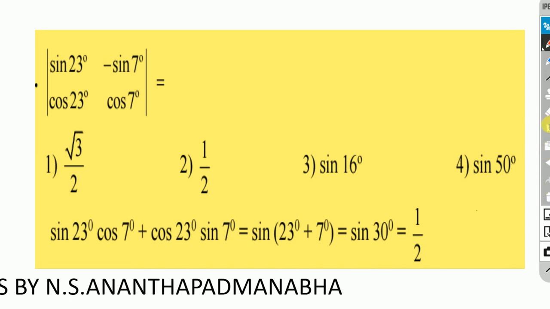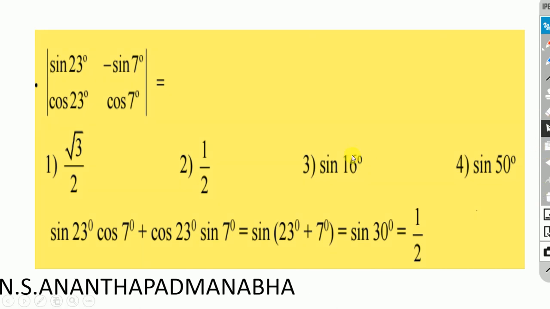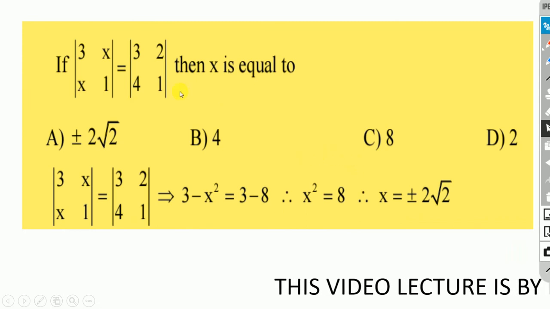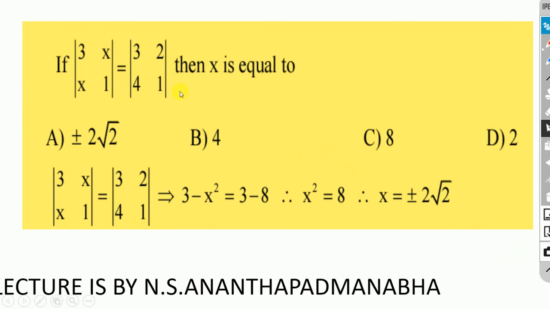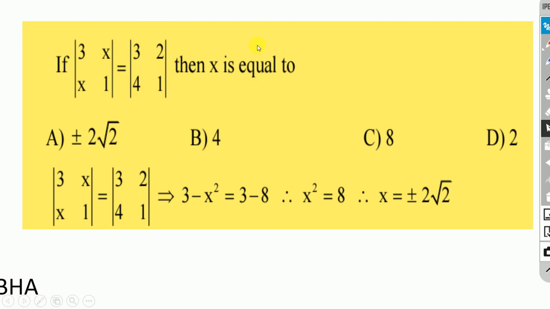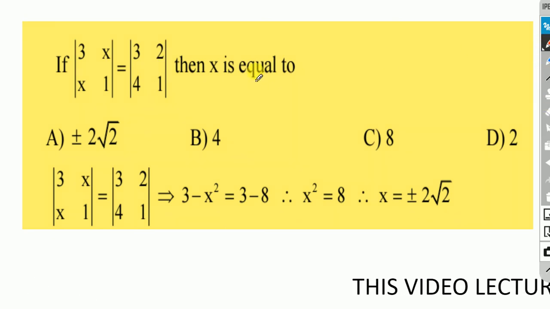Okay, next. So equality of two determinants. So determinant 1 is equal to determinant 2. That is determinant 3 x, x 1 is equal to 3 2, 4 1. I have to expand determinants on both sides and I have to find the value of x here.